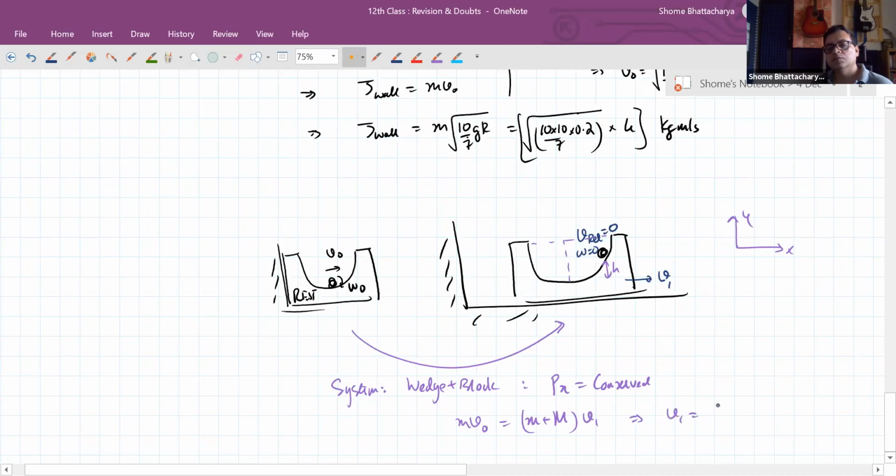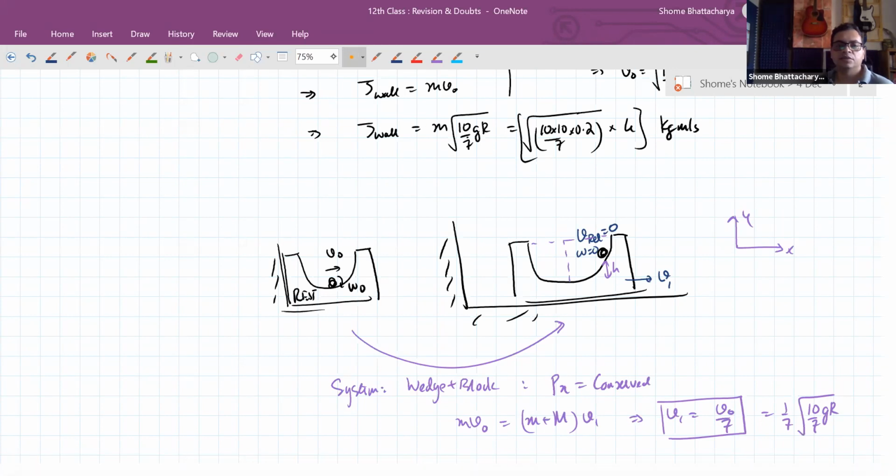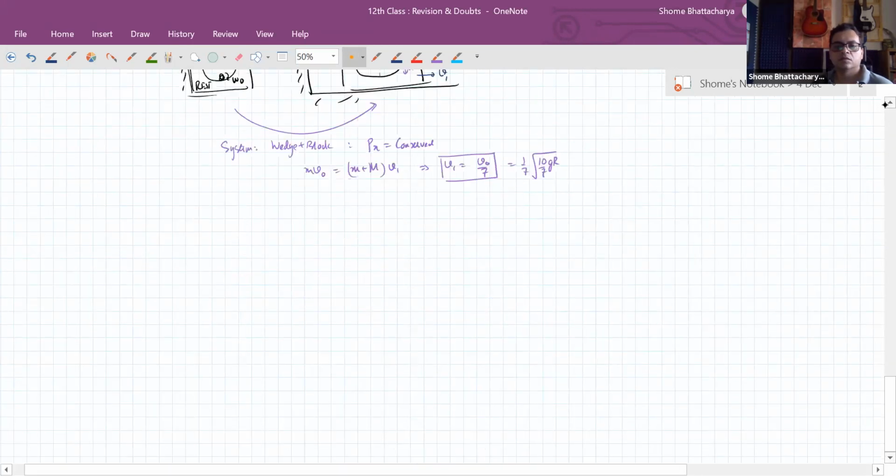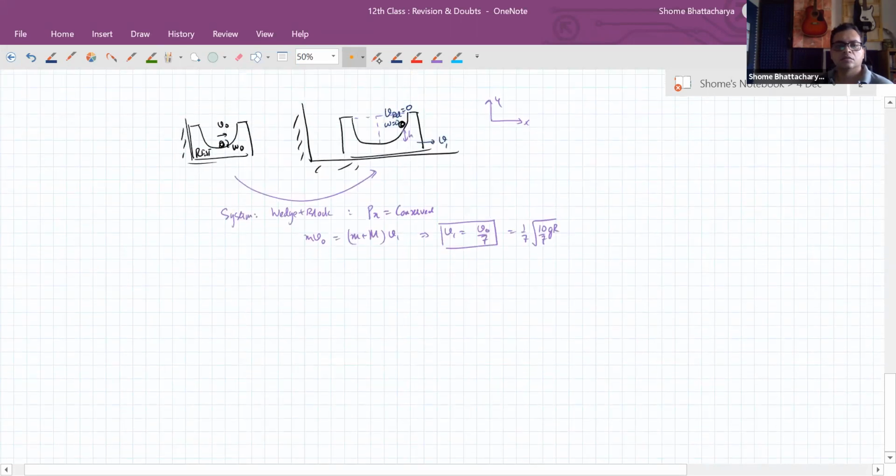So v1 will become v naught by 7, or 1 by 7 root of 10 by 7 gr. Okay. And now to find h, we'll do energy conservation. This is the second part of the question, to find that height when it reaches this point.